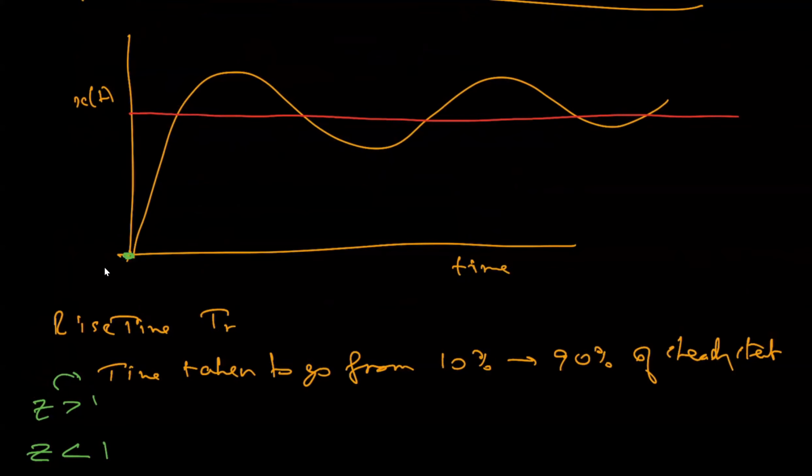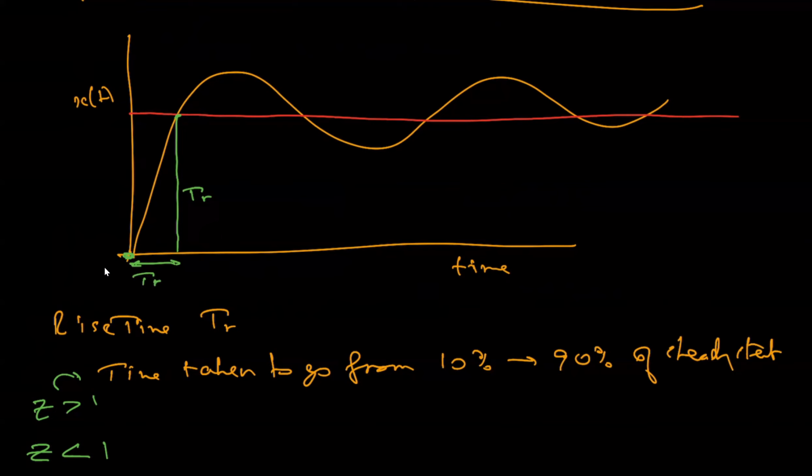And what they then talk about is the rise time is basically how long it takes for the system to go from the starting point to the first place it crosses the steady state axis. Okay, so that's the rise time. So if you've got a damped oscillation, your zeta is less than 1, the rise time is defined as the time it takes to go from the starting point all the way up to the first time it crosses the steady state, okay? So this is the rise time across there, right?